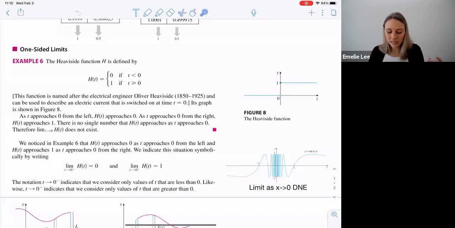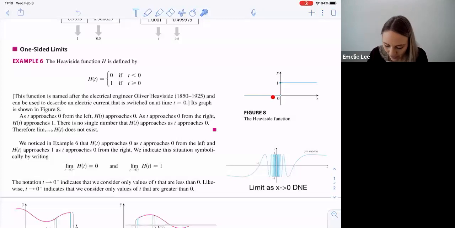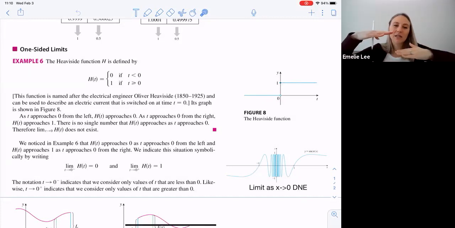But what we can see here is that those limits aren't the same. So the limit from the left exists. The limit as we're coming in from the left is 0, y equals 0. And then the limit as we're coming in from the right, so imagine you're coming in from the right, well, the limit from the right is going to be 1. So we have these one-sided limits, but ultimately they're not the same.